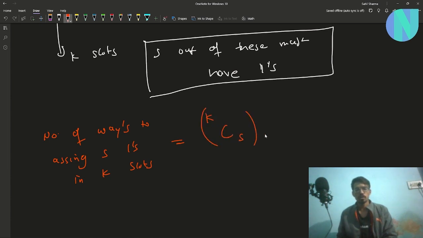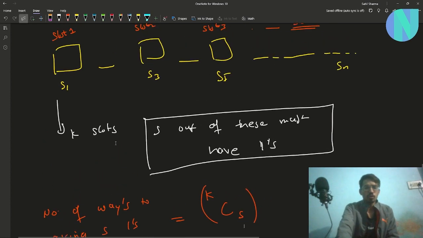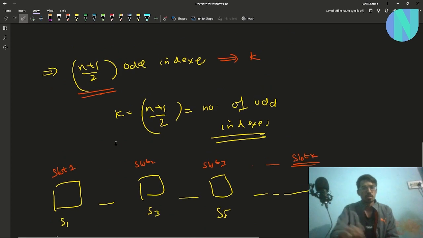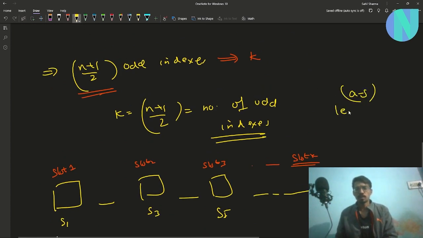It is k choose S. So now we have assigned S ones out of A to these k slots. Now we have A minus S leftover ones, right?